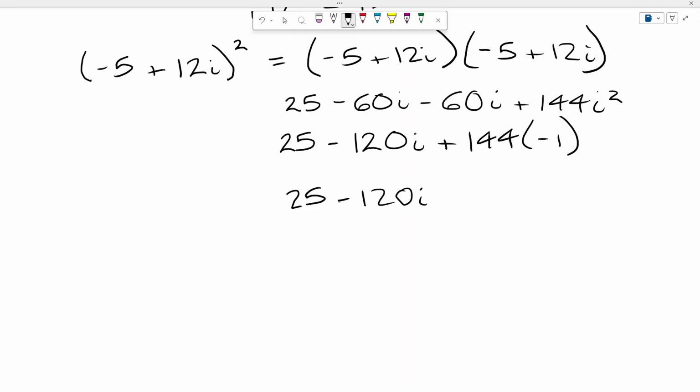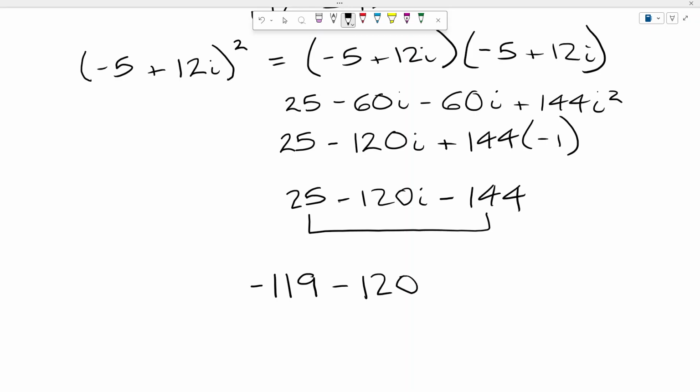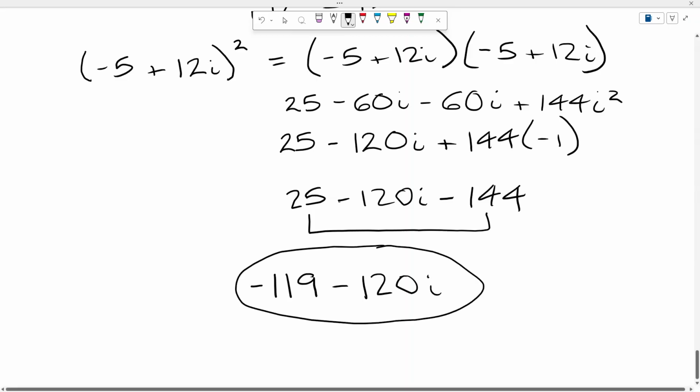So plus a -144 will be minus 144. And then if we combine our like terms here, the real part, remember, we have 25 minus 144, which will get us -119, and then minus 120i. And that is our final answer for that one, -119 minus 120i.